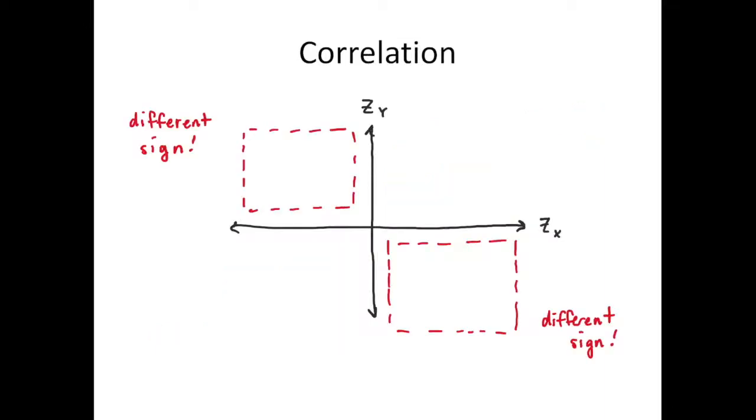Now contrast that with the second and fourth quadrant, where in these quadrants the standardized coordinates will have different signs. In quadrant 2, z sub x is negative while z sub y is positive, and vice versa in quadrant 4. So in these quadrants, when we multiply the standardized coordinates together, we'll get a quantity that's actually less than 0. And these are the two quadrants associated with a negative linear association between two quantitative variables here.